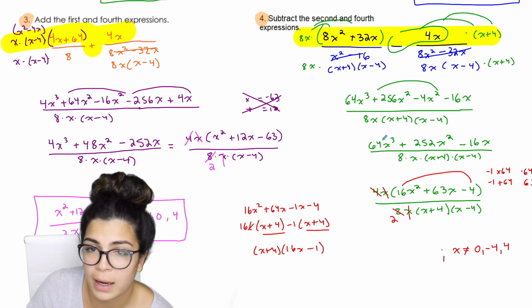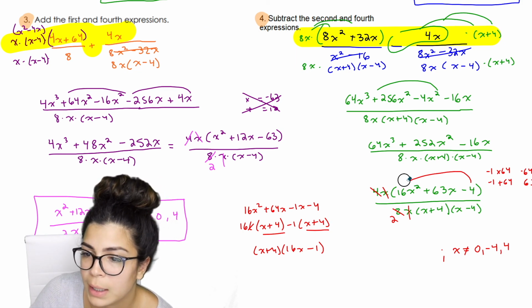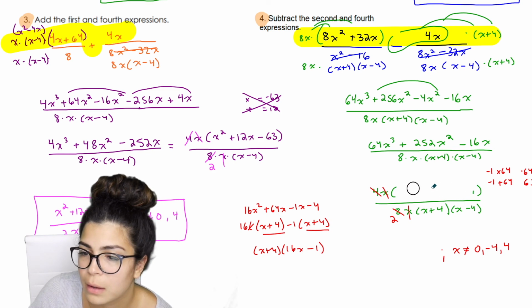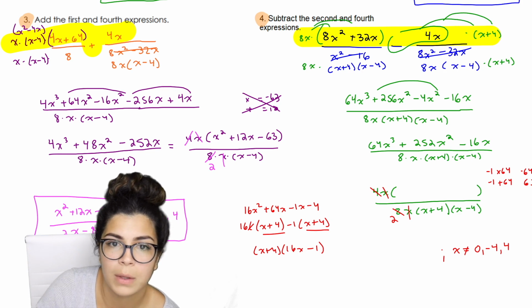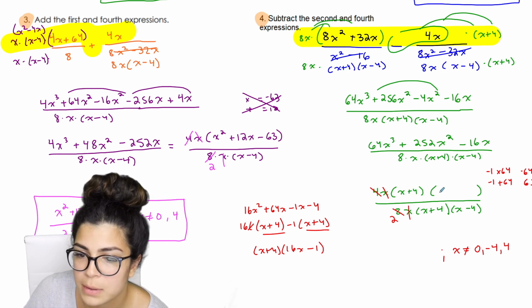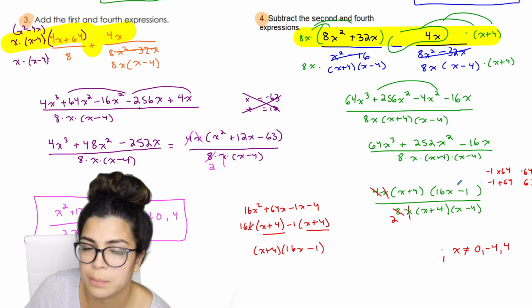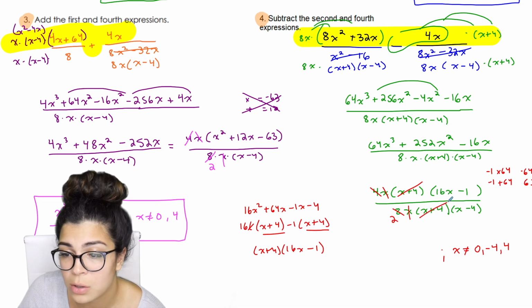So this actually factors. So let me go in and rewrite that. So this factors into x plus 4 times 16x minus 1. So now you could see that the x plus 4 also cancels.